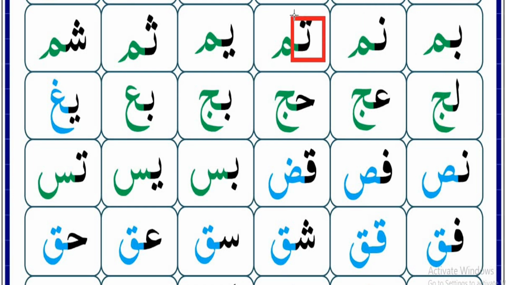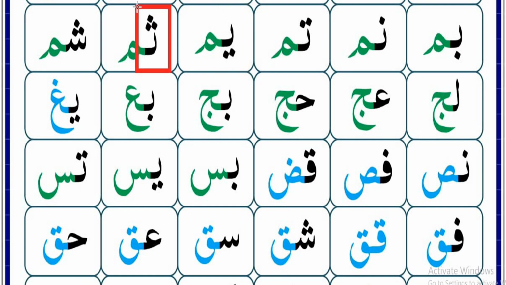And again the same shape. Now it has two dots on top, so with two dots on top it is ta, and here again the same shape with two dots at the bottom. As we talked about in the previous lesson, there is only one letter in the Arabic alphabet that has two dots at the bottom, and that is ya. So ya, if it is connected to the next letter, has two dots at the bottom. No other letter in the Arabic alphabet has two dots at the bottom.